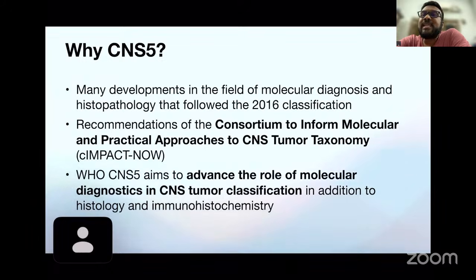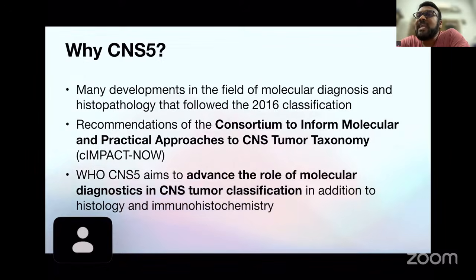So why CNS5? This is a very big question. There are many recent developments in the field of molecular diagnosis and histopathology, which were already followed in the 2016 classification, but the updates have been so much that the recommendations by the consortium to inform molecular and practical approaches to the CNS tumor taxonomy, that is cIMPACT-NOW, were taken.